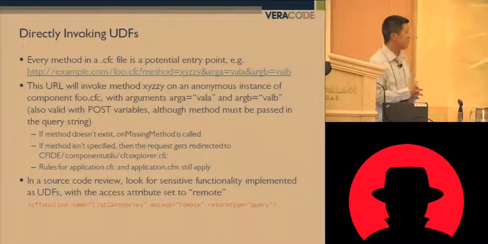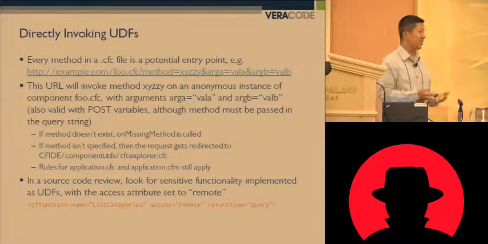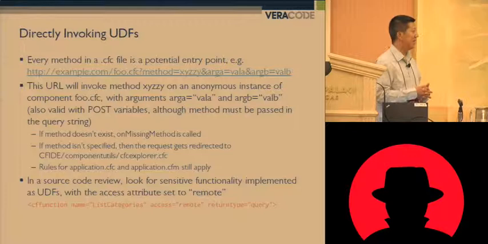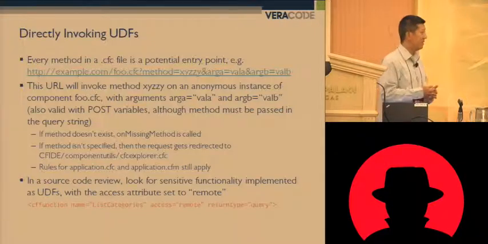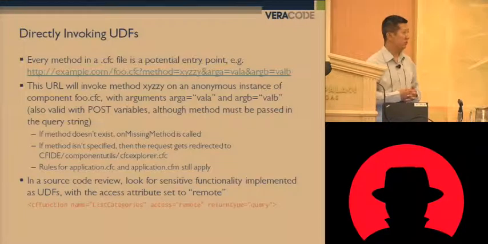Flexibility, I guess. And then there are various things that happen if the method doesn't exist or if the method's not specified. And it goes into some of those error handling methods or on-missing method that's going to be in application.cfc. What to look for here is in any CFC, if you're doing a code review or if you're writing a CFC, you have to define the function using the CF function tag. And at the bottom there you can see access equals remote.